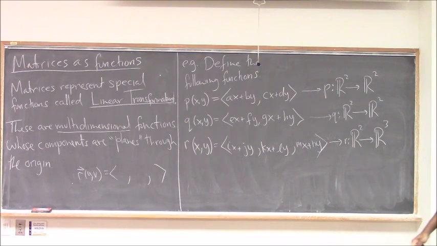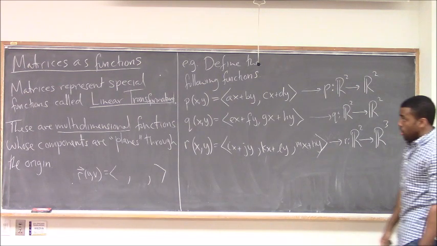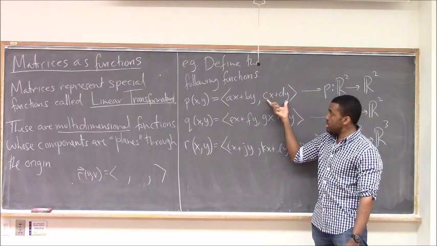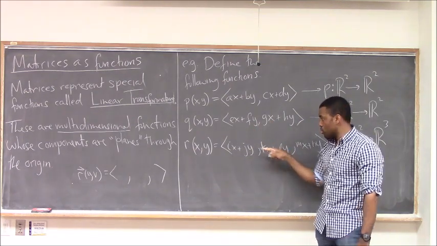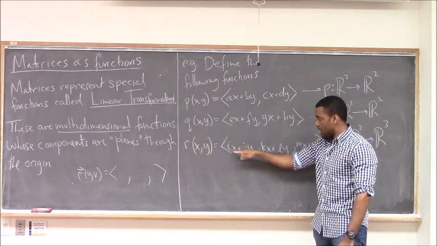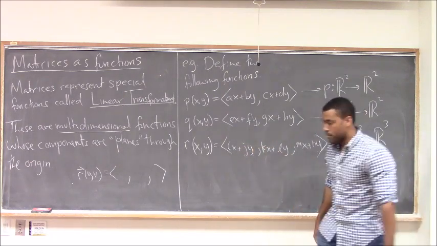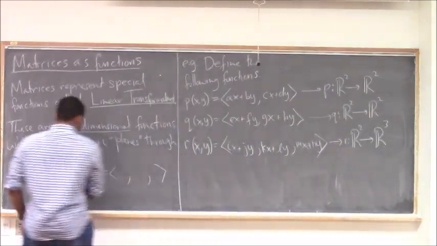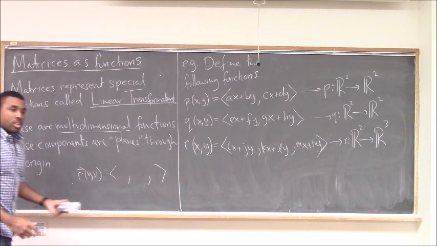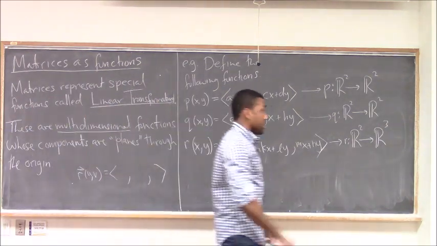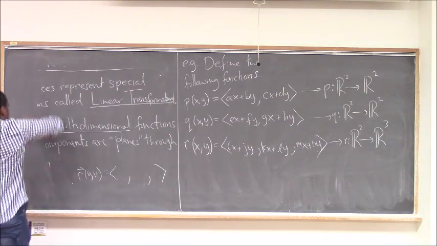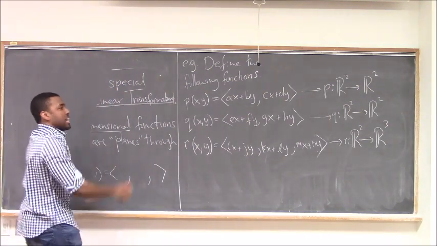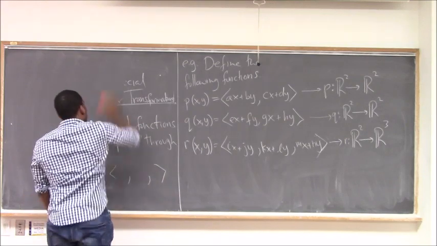So it goes from a two-dimensional space to a three-dimensional space. Also notice that the components here look like the equations of a plane that pass through the origin. There's no plus a constant. It's just a constant times x and a constant times y. Okay? So now these guys are the kinds of functions that a matrix can represent. How do we represent it? Well, it really starts out by us being lazy and not wanting to have to write something out like this all the time.